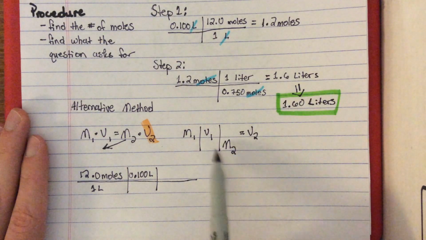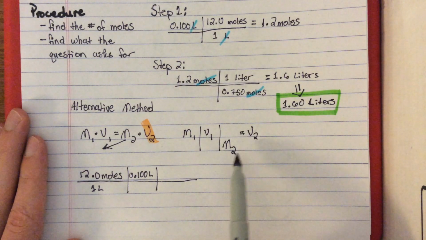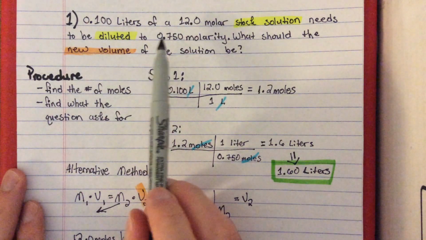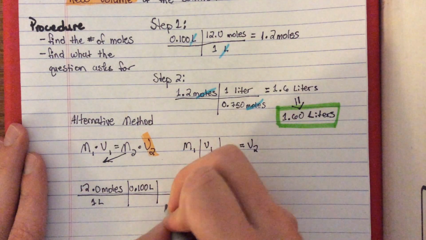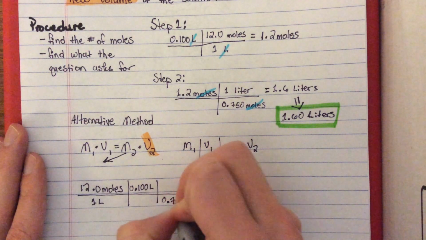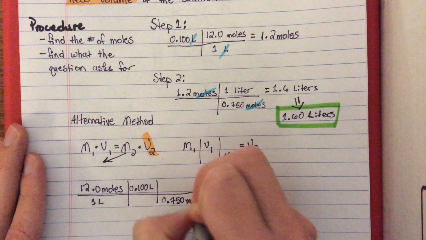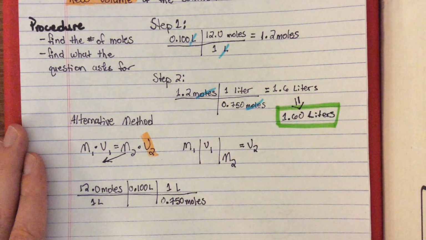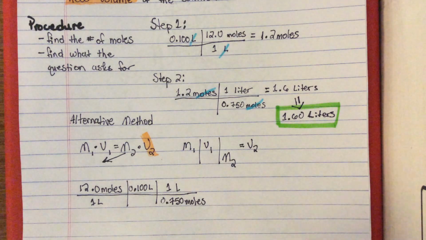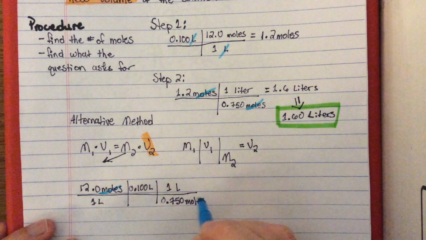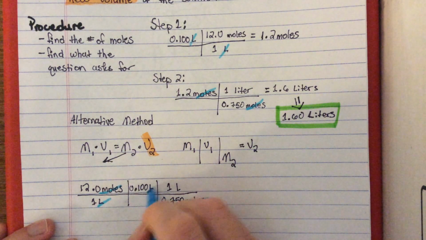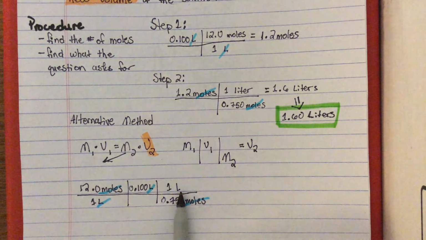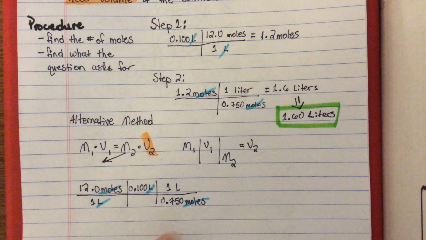And then because our new concentration has been moved into the denominator, I am going to need to write the 0.750 in our denominator. We have some units that match on the diagonal, including the moles and the liters. So those will all cancel out, and we will be left with liters as our new volume.